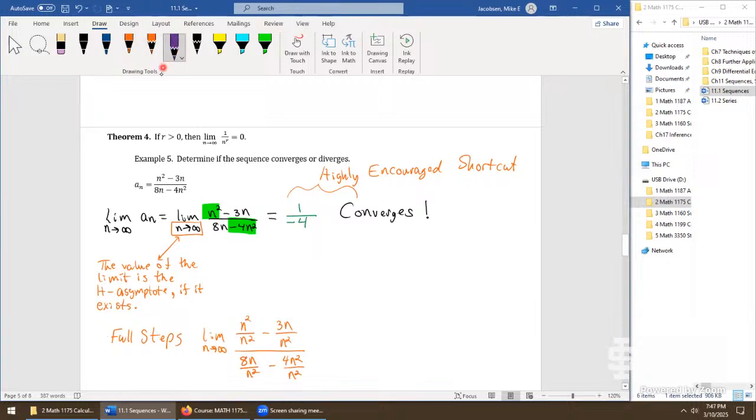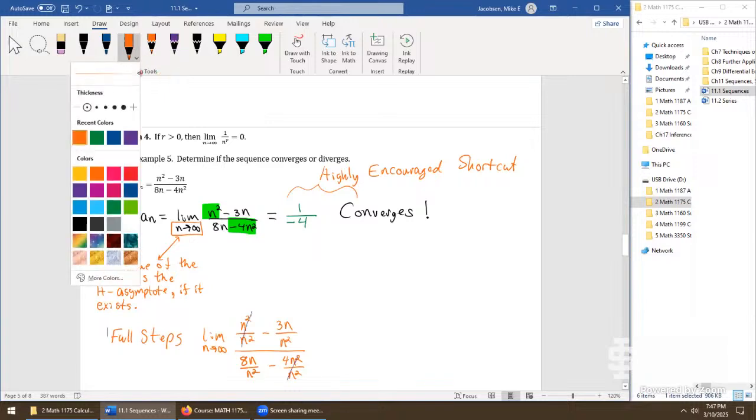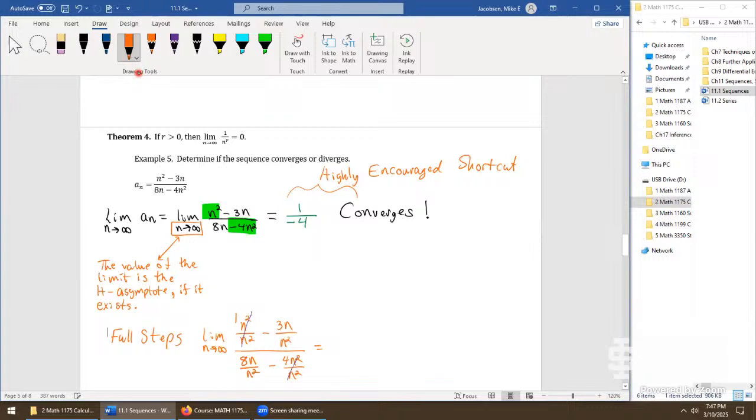Then we run a cancellation. We expect quite a bit of them. Cancellations here and here, here and here, leaving a 1 up here. And now it's the limit as n goes to infinity of 1 minus 3 over n over 8 over n minus 4. And that's where this limit comes up.